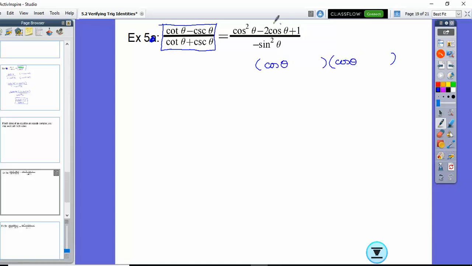What multiplies to positive 1 and adds to negative 2? Negative 1. What can I change sine squared to? Okay.